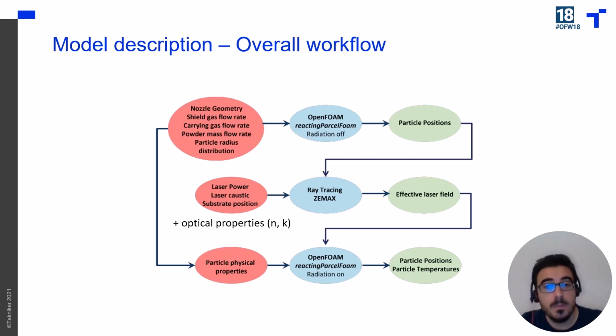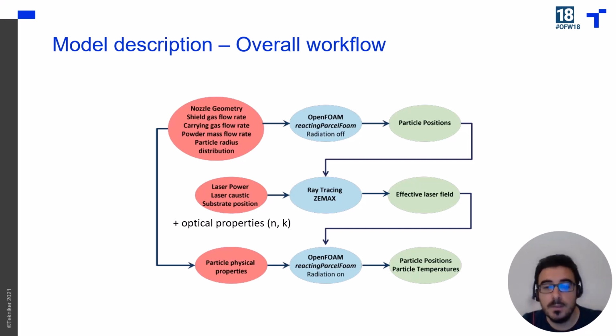For this step, we need as inputs the nozzle geometry, the shielding gas and the carrying gas flow rates, the powder mass flow rates, and also some parameters related to the particle cloud, such as the radius distribution and some physical magnitudes. For this step, we use OpenFOAM's reactingParcelFoam solver, and we turn radiation off. As outputs, we get the Lagrangian particle positions. In the second sub-model, we do some ray tracing calculations.